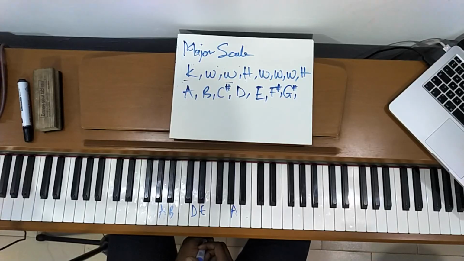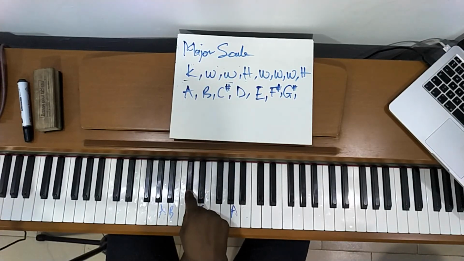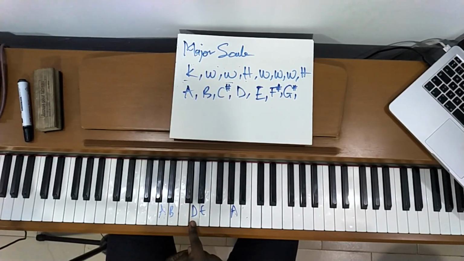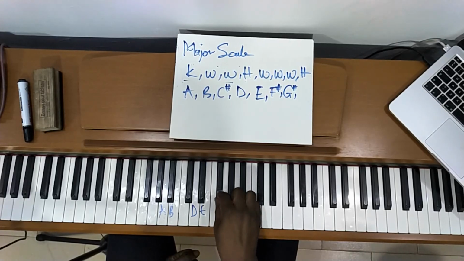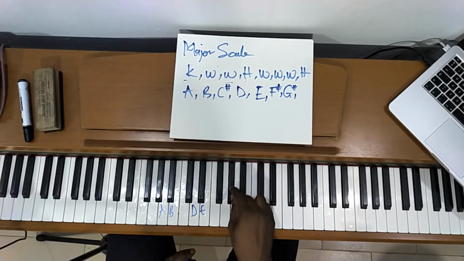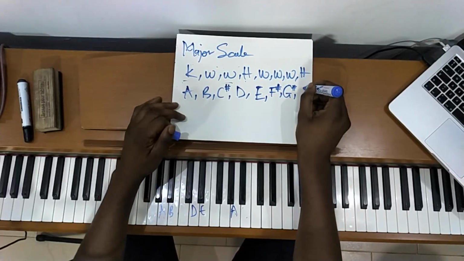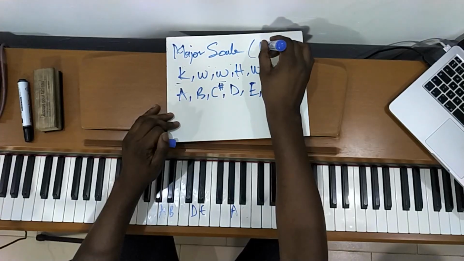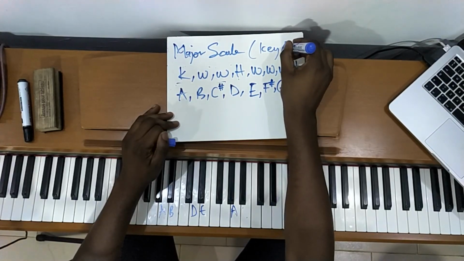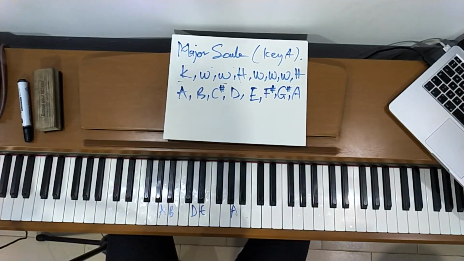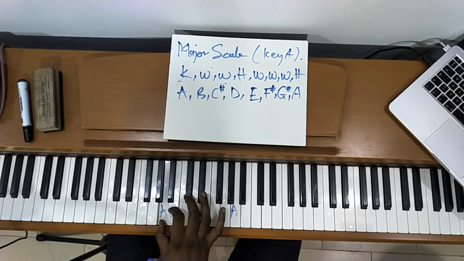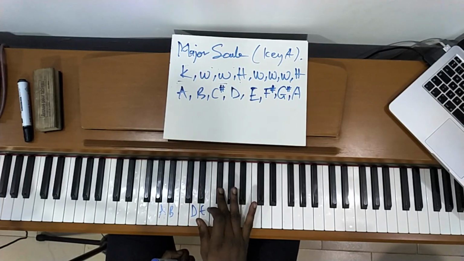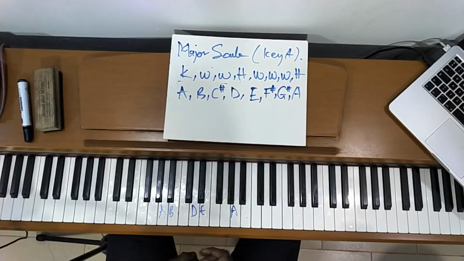The major scale is A, B, C sharp, D, E, F sharp, G sharp, and what? A. So that's the key of A. You get it?